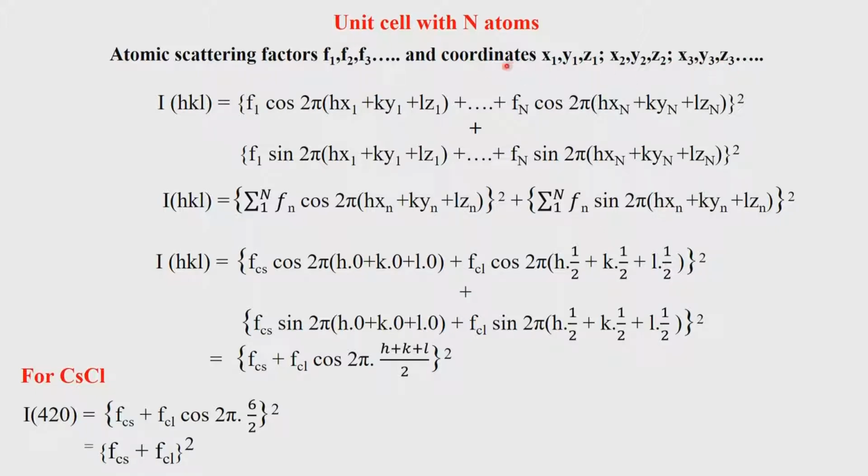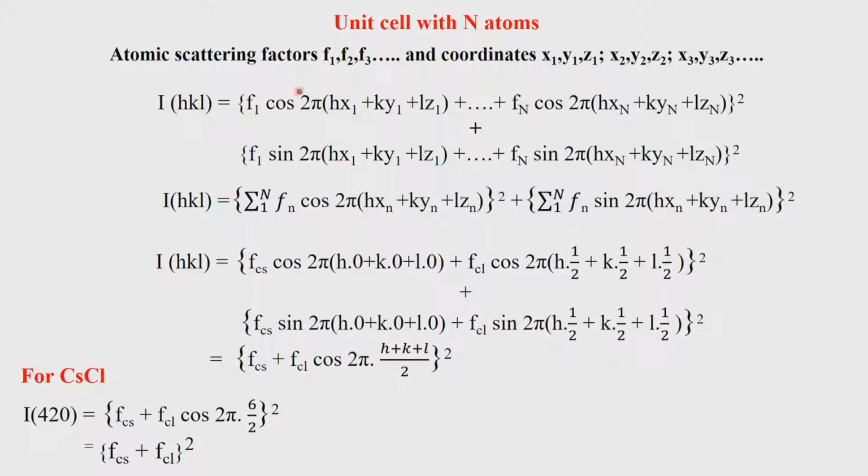If there are n atoms, we have Fn corresponding to the atomic scattering factor of the nth atom and xn, yn, zn as the coordinates. Then we write the expression for I of HKL. Remember, the I of HKL expression should contain contributions from every one of these items, and therefore we have F1 cosine 2 pi.